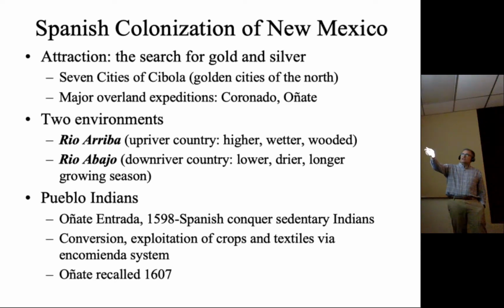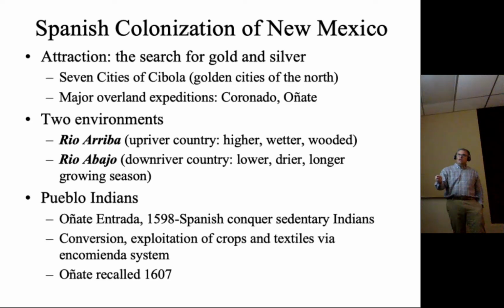The upriver country receives a little more rainfall and is certainly more temperate and nicer in terms of climate than the lower elevation areas, the Rio Abajo. The downriver country was important for growing cotton and that sort of thing because you had longer growing seasons, but this is where most of the people are concentrated, in the higher country. And again, I mentioned the Pueblo Indians.